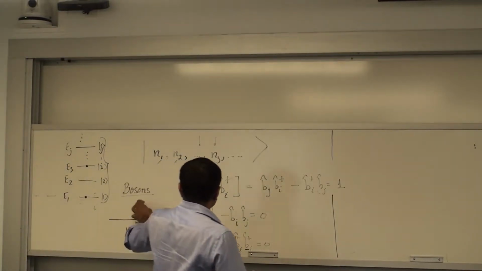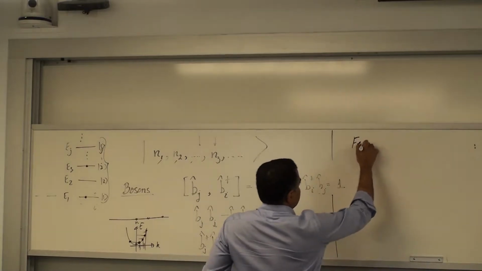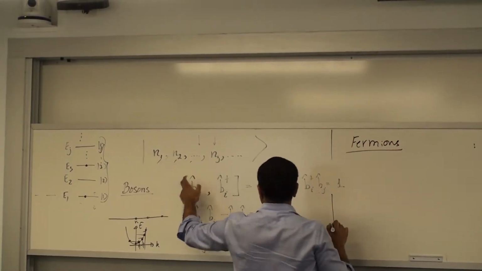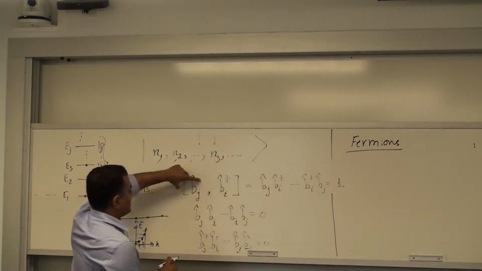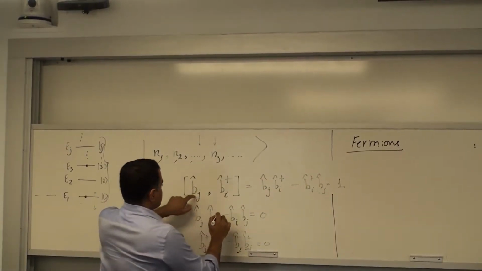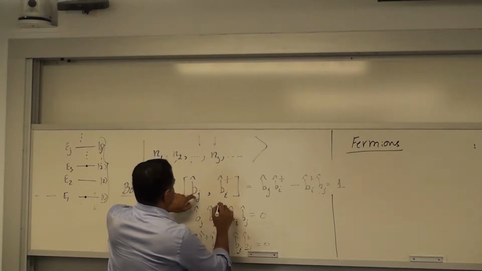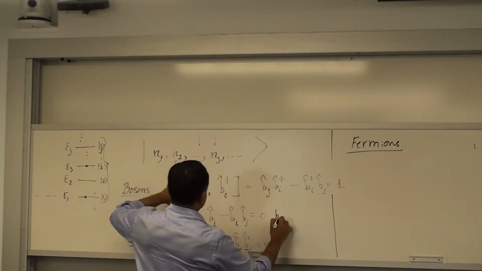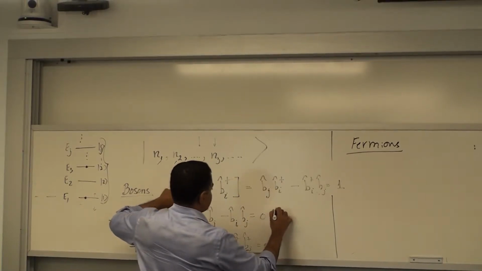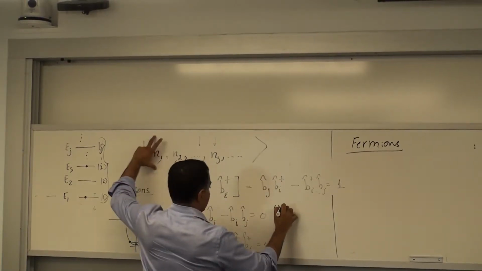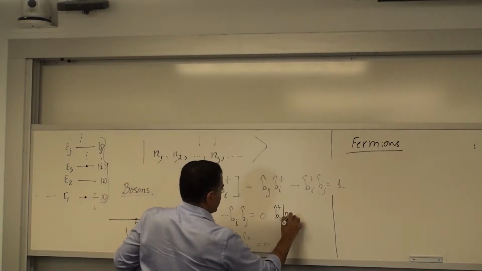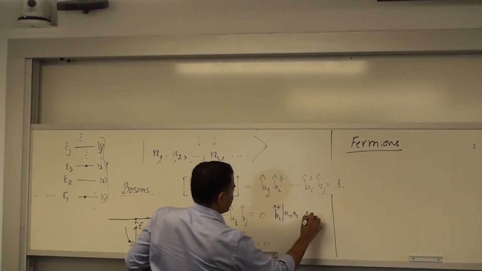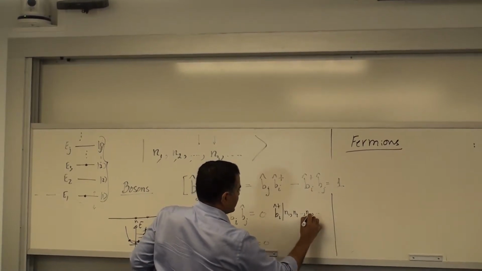But for fermions, this is quite different. We define these operators again. Just to be clear, what were the actions of these? I'll just write one relation here. If I take B sub i dagger and act on this state N1, N2, ..., Nj, and so on, let's call it Ni here.